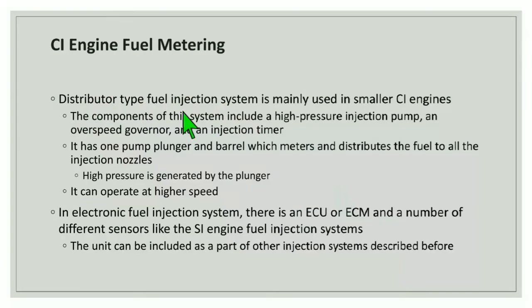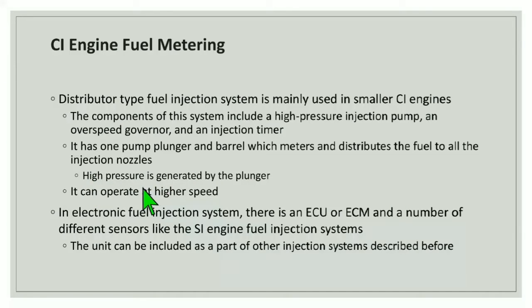Distributor type fuel injection system is mainly used in smaller CI engines. The components of this system include a high pressure injection pump, an over-speed governor, and an injection timer. It has one pump plunger and barrel which meters and distributes the fuel to all the injection nozzles.